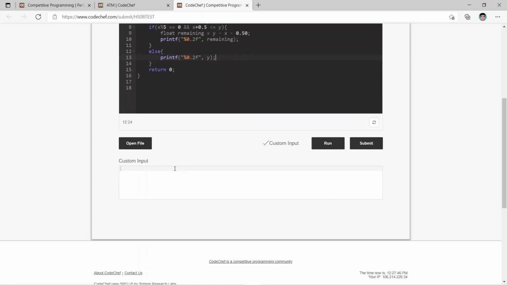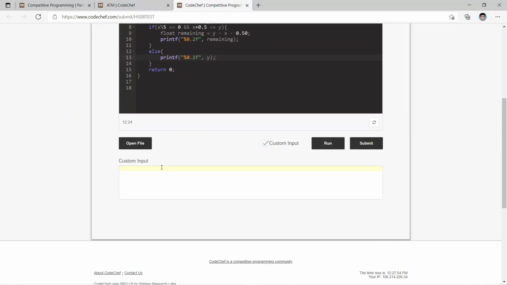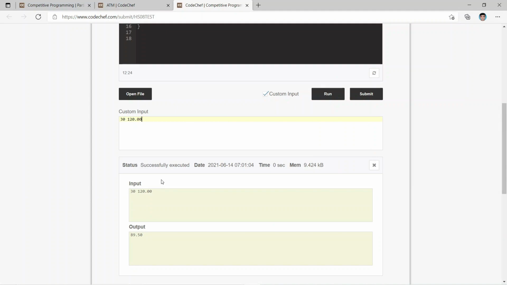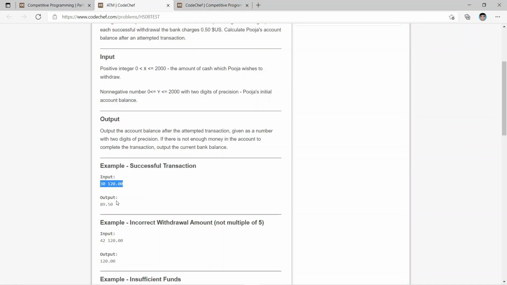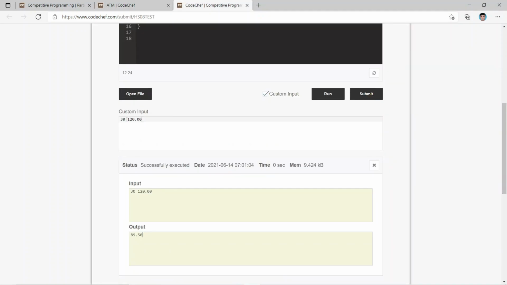We can also check here by custom inputs. First we take the inputs 30 and 120. Let's run it. It gives an output of 89.50 as we want. Let's take another example, 42.